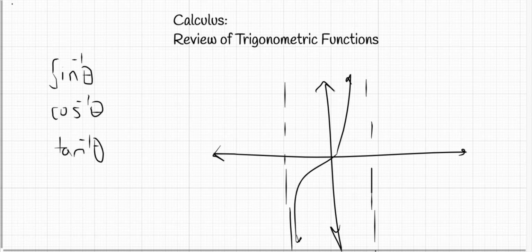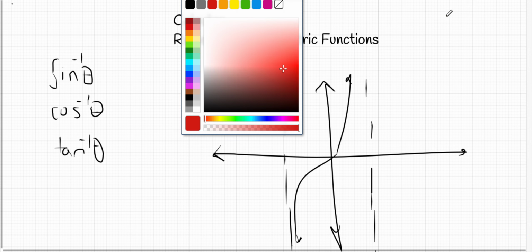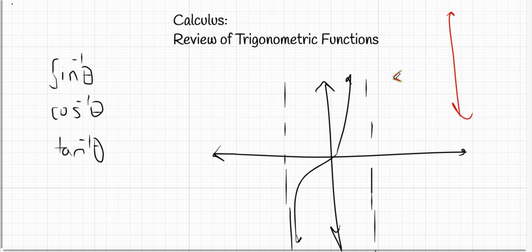So if we take this and we invert it, we get the inverse tangent, and it looks something like this. And it has these horizontal asymptotes. Before they were vertical, now they're horizontal because, remember, we're inverting it. And those are basically the inverse trigonometric functions.